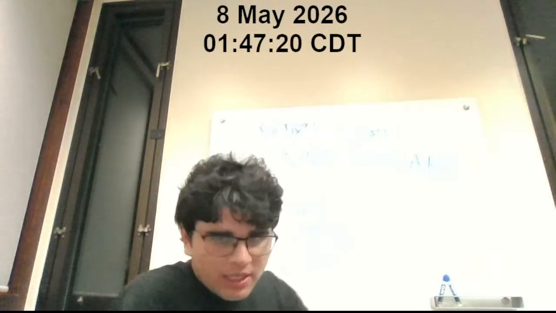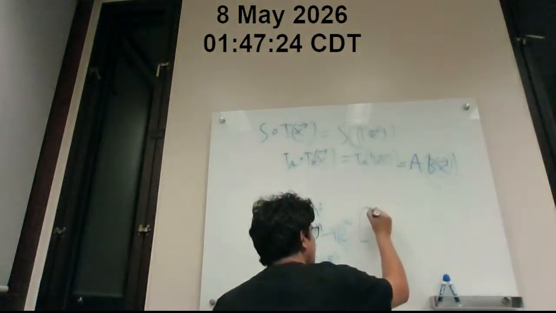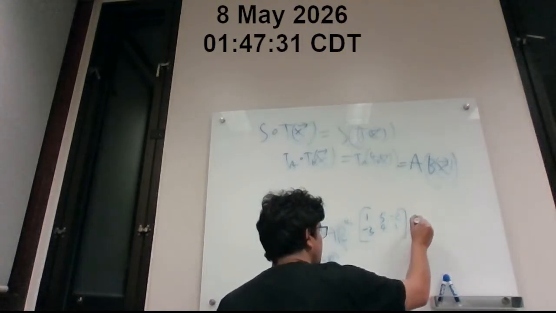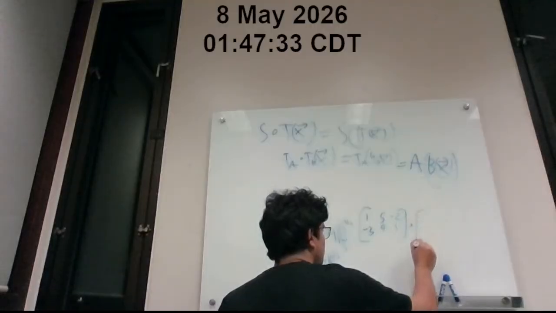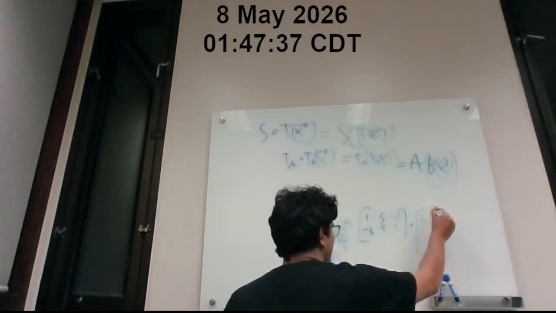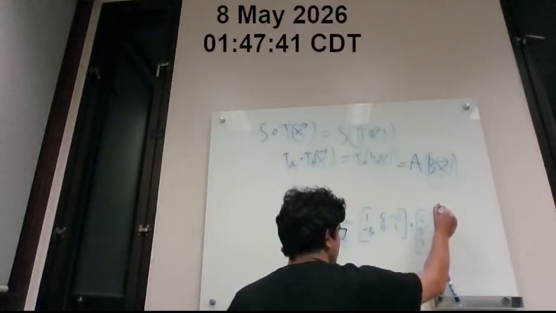So let's say we have a matrix of 1, minus 3, 5, 4, minus 2, and 1. And then we multiply it by 6, 7, 4, minus 1, 3, and 0.